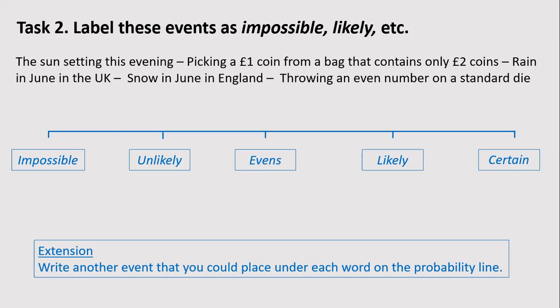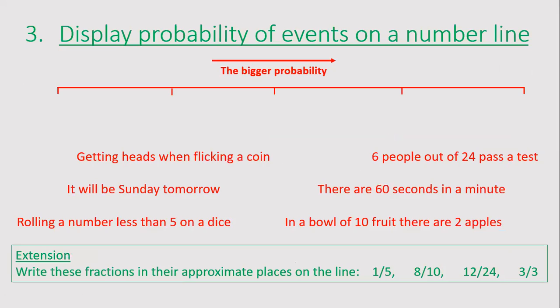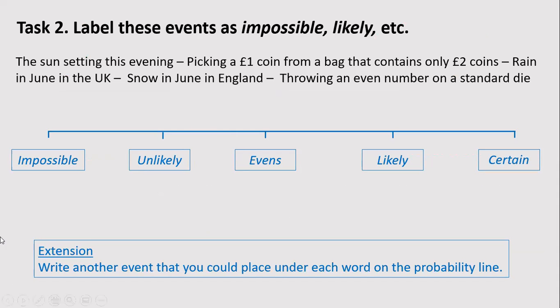Okay, so at this point, I'll start going through the answers. So here we've got getting heads when flicking a coin, which is going to be 50-50. Okay.